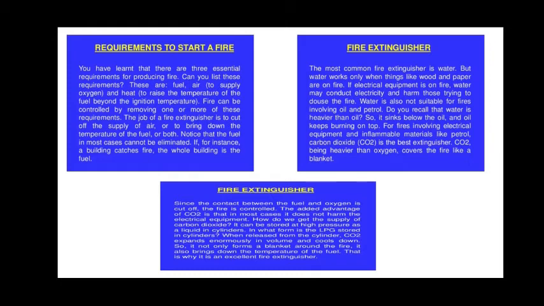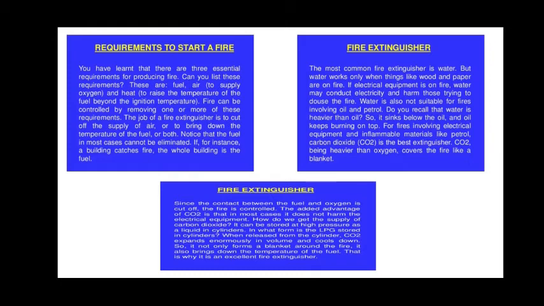So there are different types of extinguishers. The most common fire extinguisher is water. But water works only when things like wood and paper are on fire. If electrical equipment is on fire, water may conduct the electricity, and that will harm the person who is there.